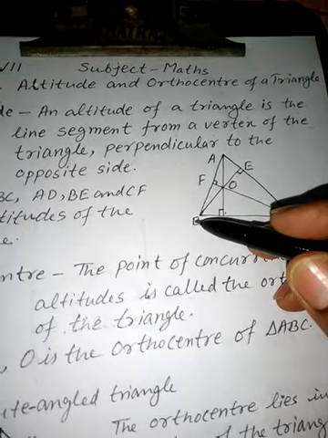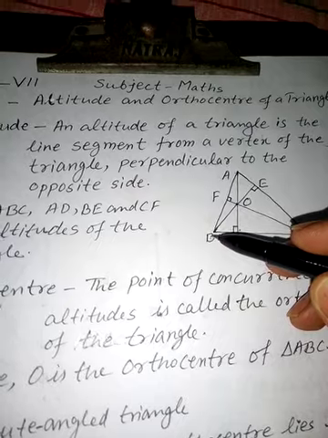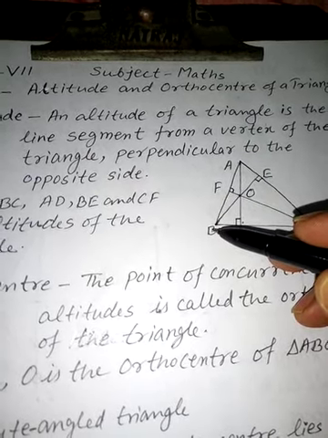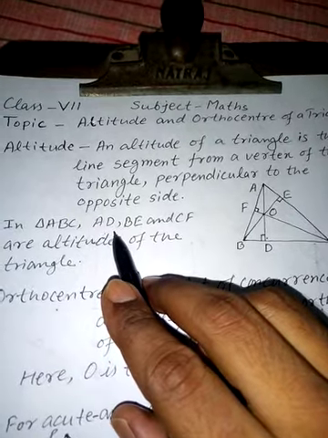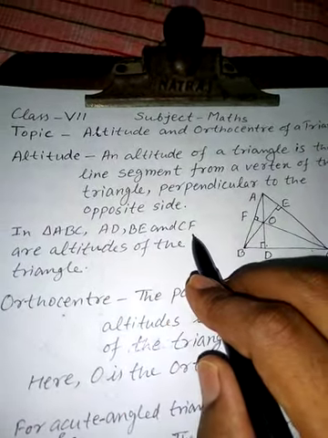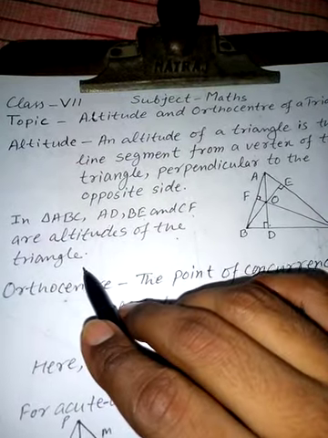So we can see here there are three altitudes in a triangle. Here in triangle ABC, AD, BE and CF are altitudes of the triangle.